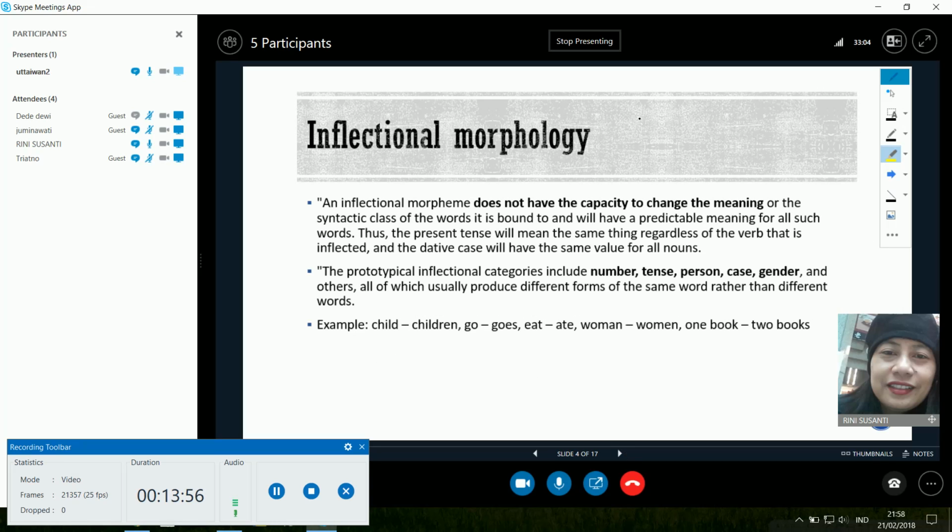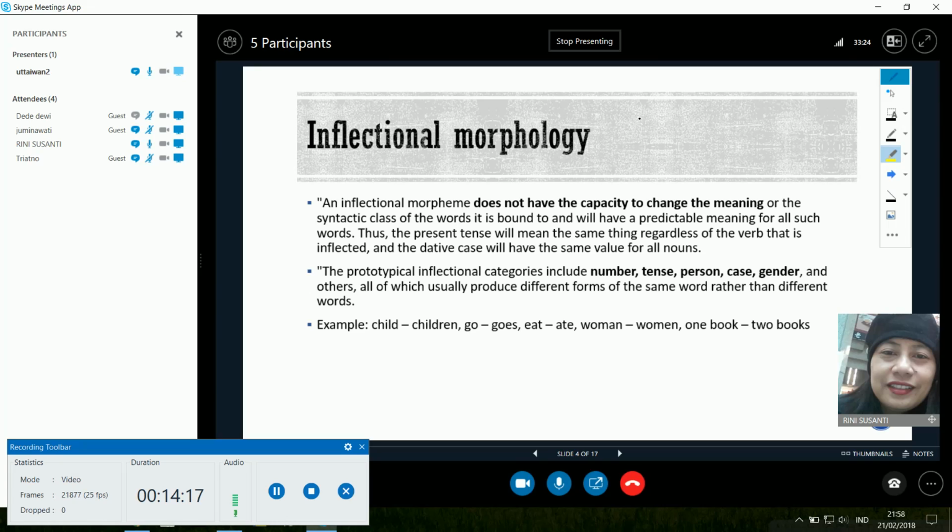So, saya lanjutkan ya. Jadi, inflectional morphology. What is inflectional morphology? An inflectional morpheme does not have the capacity to change the meaning. So there will be two types of morpheme, inflectional and derivational. The first one, we talk the inflectional morpheme first.